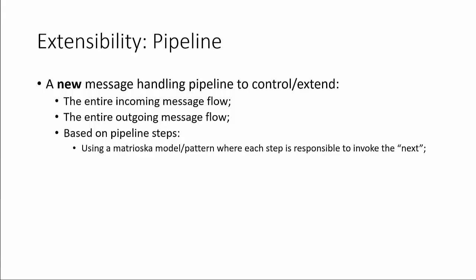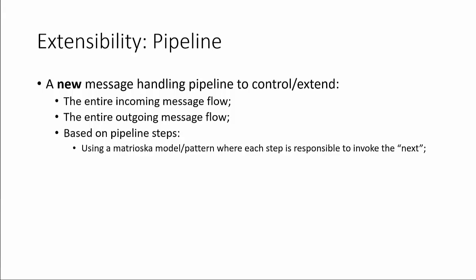Basically, we have full control over the entire incoming message flow, and full control over the entire outgoing message flow. For example, at NSBCon in London and in New York, Indu and John demoed a way to change at runtime the serialization engine that will be used based on the message flowing in, something that in V4 was basically impossible.